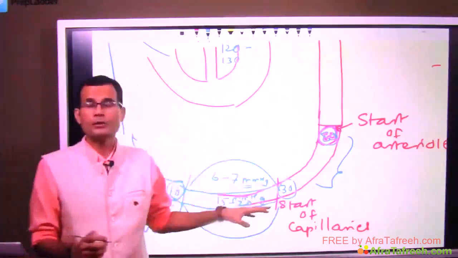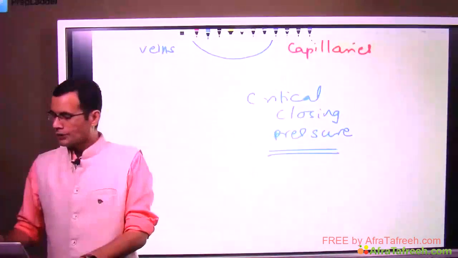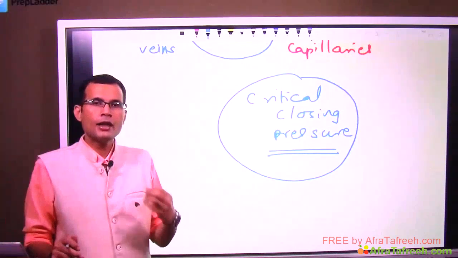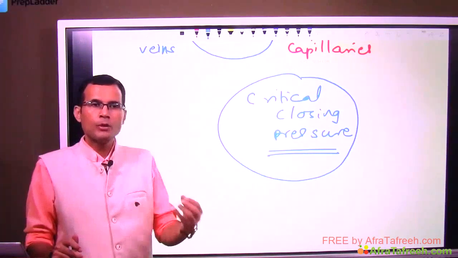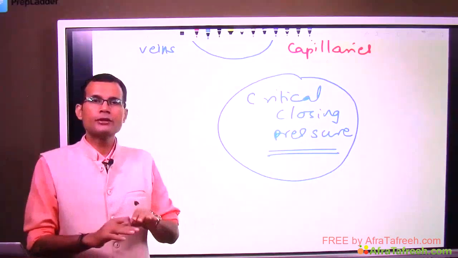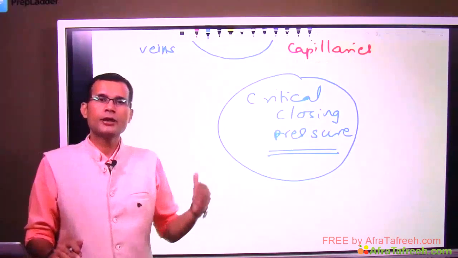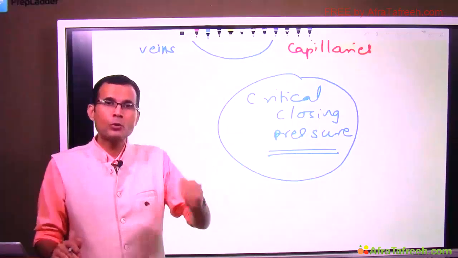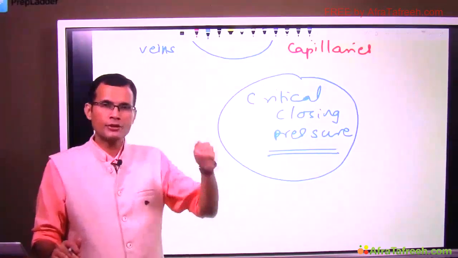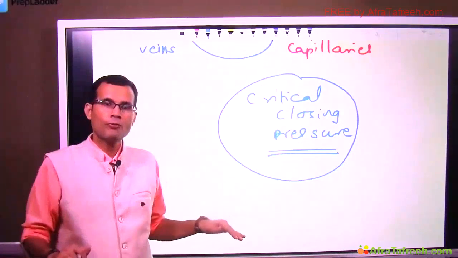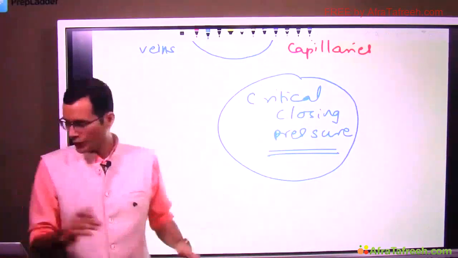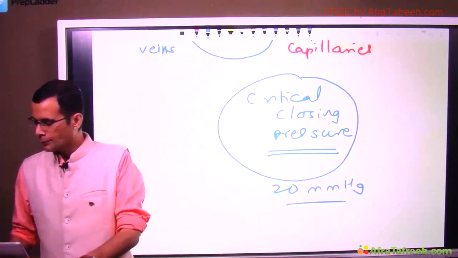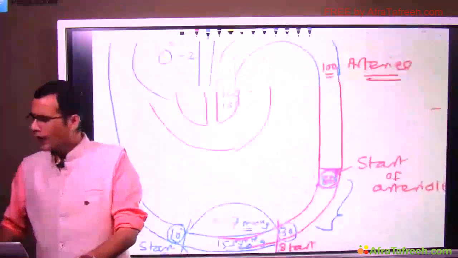Critical closing pressure is that pressure in the arteries below which the vessels will close down and circulation will stop. The circulation stops if the pressure goes below that pressure in the arteries. So that's called the critical closing pressure, and it is said to be about 20 mm of Hg of the arterial pressure. Why is that?